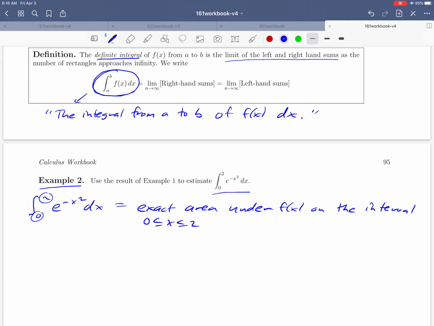Well, we estimated this area on the previous page. We decided that taking the average of L30 and R30 gave us the best estimate. So this is approximately L30 plus R30 over 2. We already did this calculation on the previous page. Nothing different here.